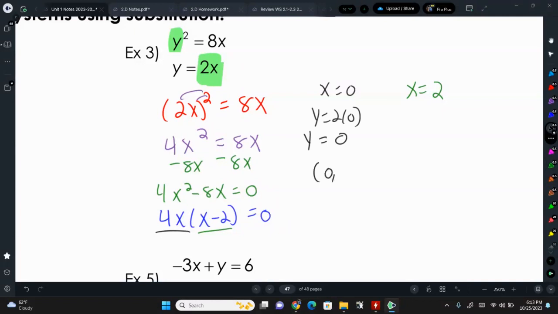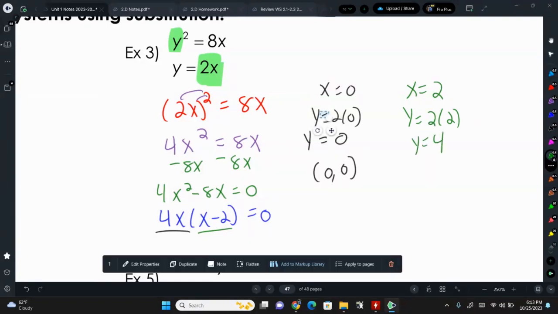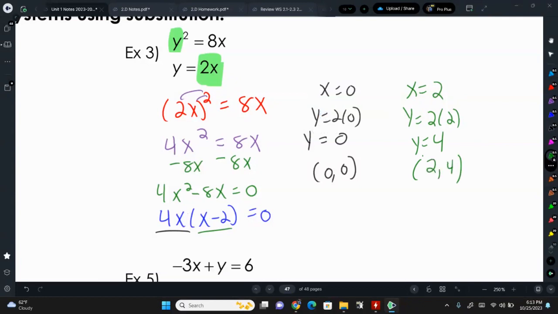So one of our solutions is 0, 0. And then for the other one in green, y equals 2 times x, which is 2. 2 times 2 is 4. So our y value is 4. Our other solution is 2, 4. So again, this one has two solutions.